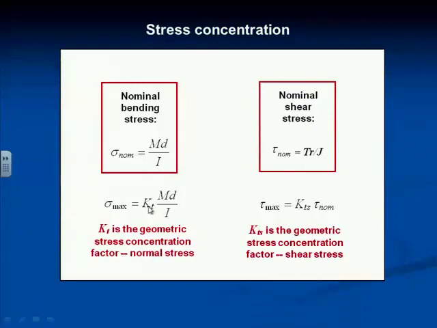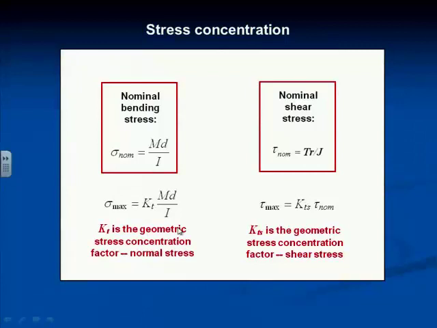So what we need to do is determine something called a stress concentration factor, typically given the letter capital K and a subscript T or TS, which is the S stands for shear. So it turns out that these values will be different depending on how you load the part for the same notch. So you'll find separate values for the two different cases.